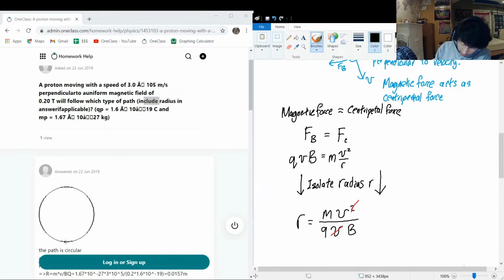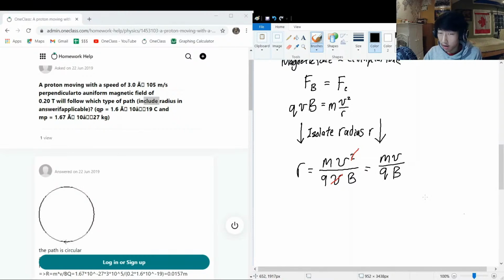So to rewrite this, this is really just mass times velocity over charge times magnetic field. Now we can just substitute in our numbers, and we can call it a day on the radius. What's our m value?